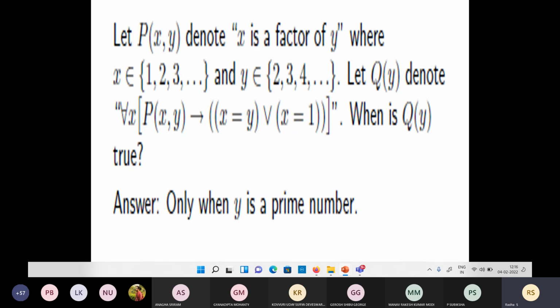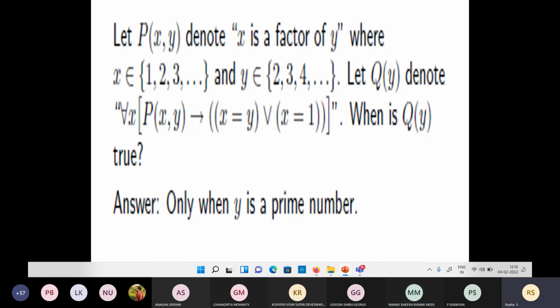Let P of x comma y denote x is a factor of y. What do you mean by factor? Can you give me one example? Y is divisible by x.